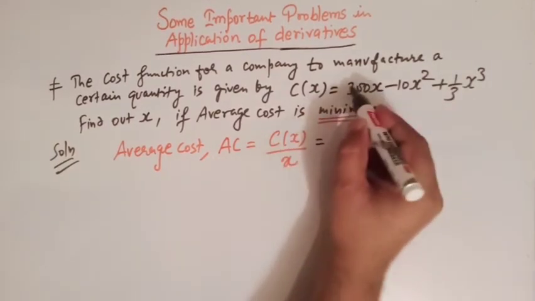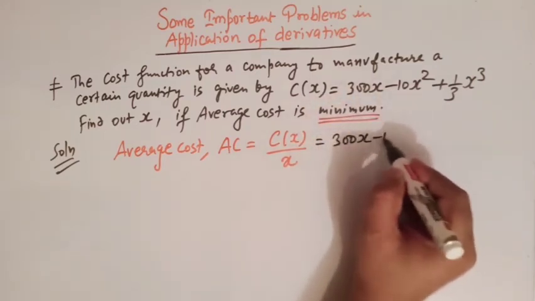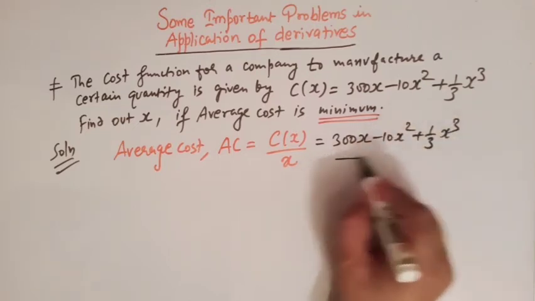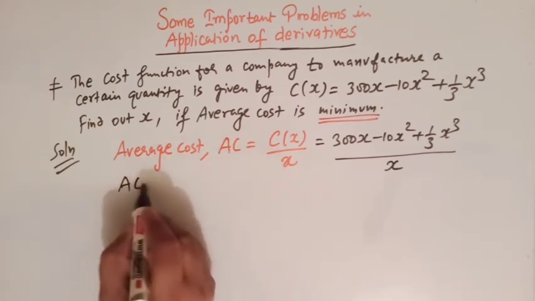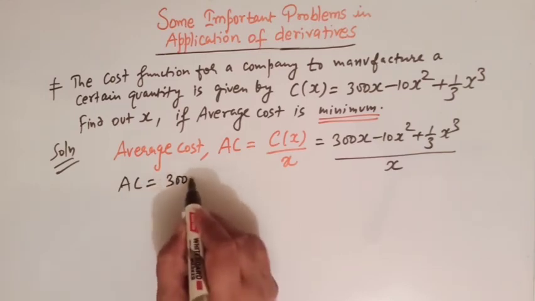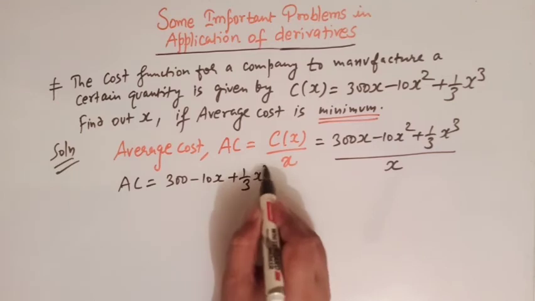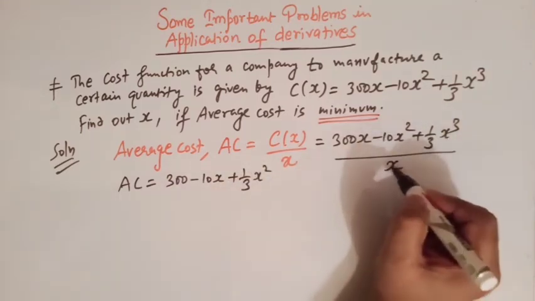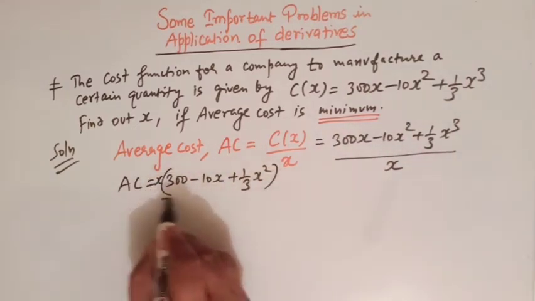So the cost function is 300x minus 10x square plus 1 over 3 x cube. So this is divided by x. So average cost becomes, if we take x common, so we have 300 minus 10x plus 1 over 3 x square, right? Because if we take x common, then this x and this x get cancelled.